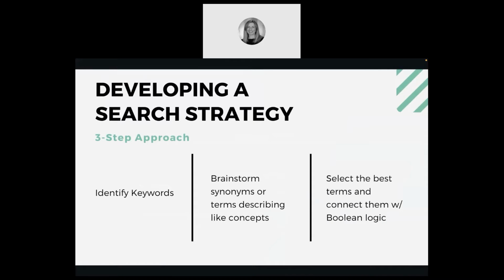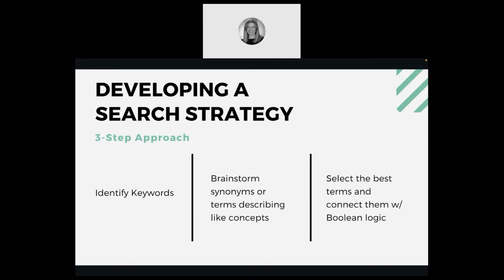Then you're also going to need to develop a search strategy. First you need to identify keywords, and keywords are important single words and phrases for your topic. You'll use keywords to enter into the databases to retrieve journal articles. You'll also need to brainstorm synonyms.